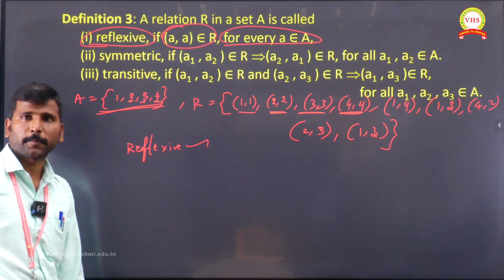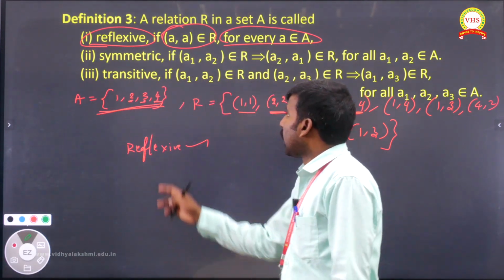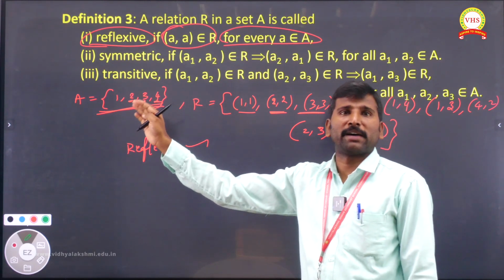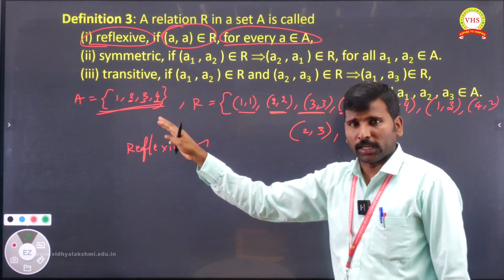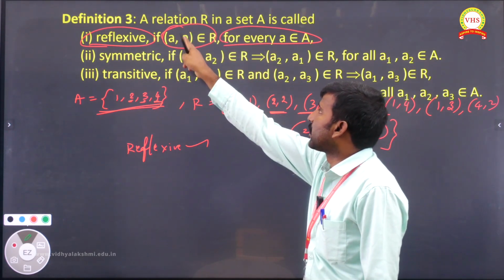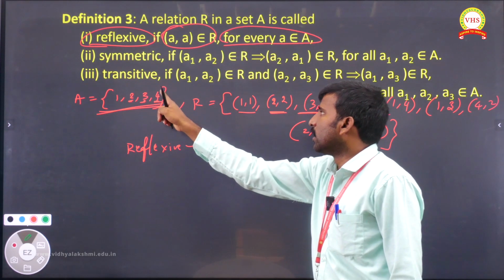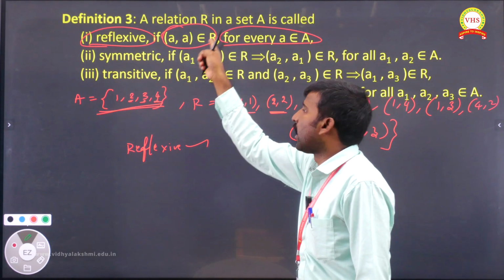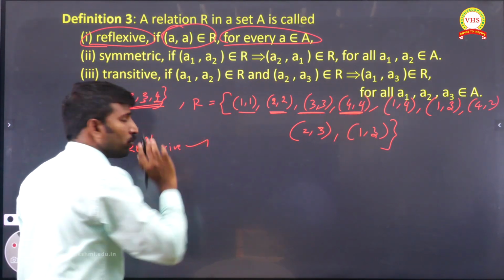Reflexive satisfied. So the thing to realize is how many elements we have in set A. For all the elements of A, it should be there in the relation like this, (a, a). 1 means (1,1), (2,2), (3,3), (4,4). If R has these, then only R is called reflexive.